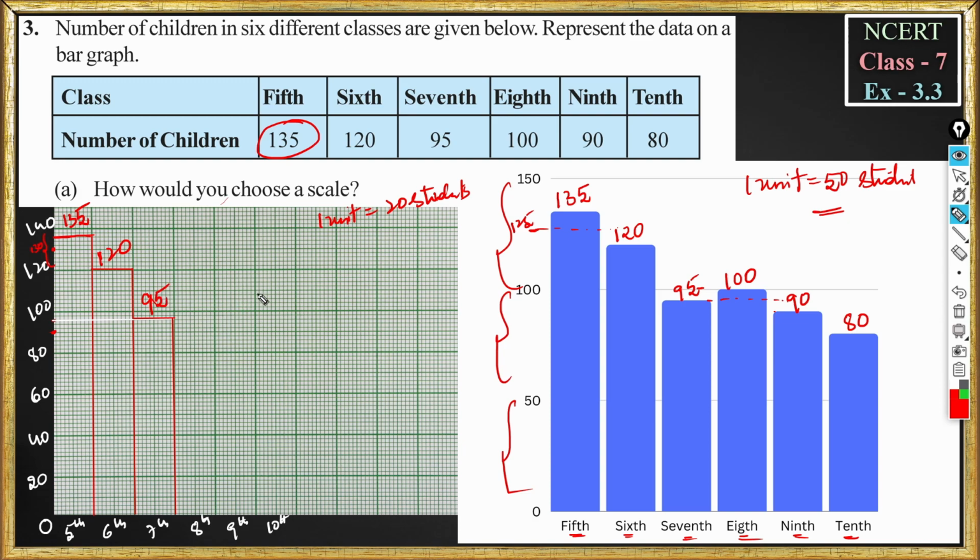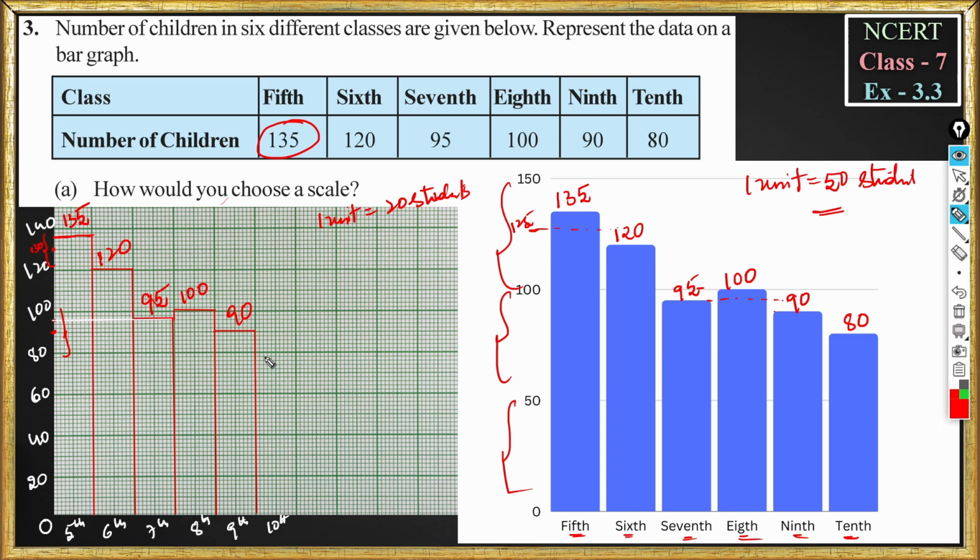Next is 100. 100 we get here. So this is 100. Next is 90. 90 is the middle of 80 to 100. So this point. So if you draw the bar graph, you get this. So this is 90.